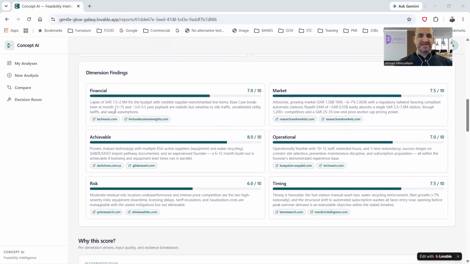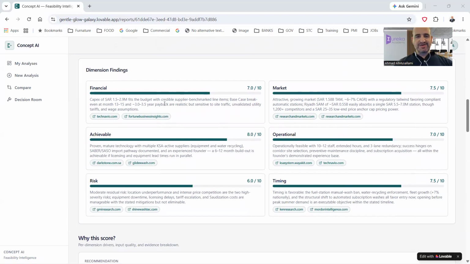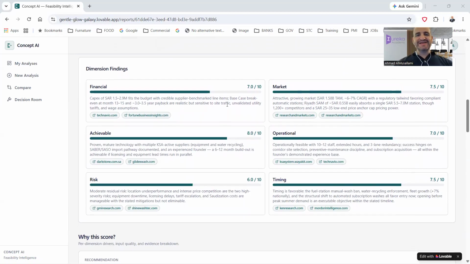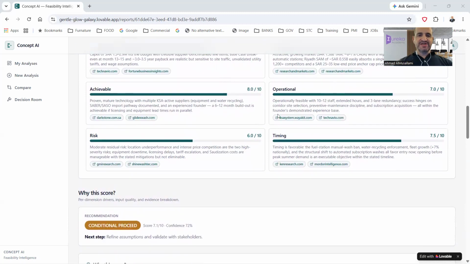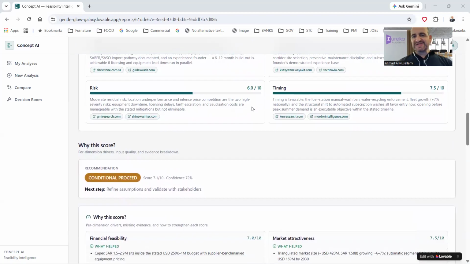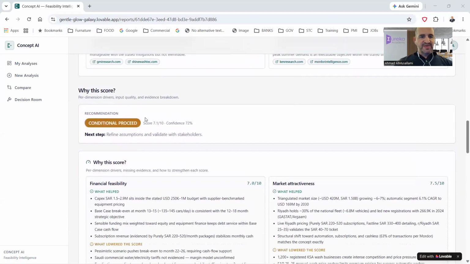In the financial section, the capex fits the budget, and it says, of course, because it was built on AI also decision. And also for the market, how much the market and the growth and competition, achievability, operational, all the aspects are evaluated one by one.